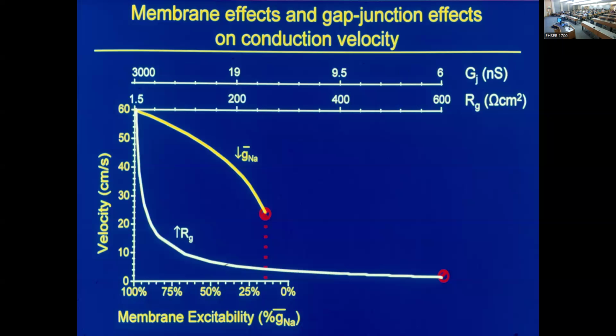And I have to tell you that velocities of 1 centimeter per second were recorded by Ursel and by people at Columbia in the healed infarction, in the dog preparation of the healed infarct. They recorded such slow conduction. So it makes sense.